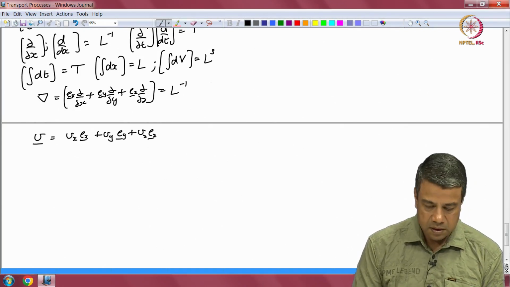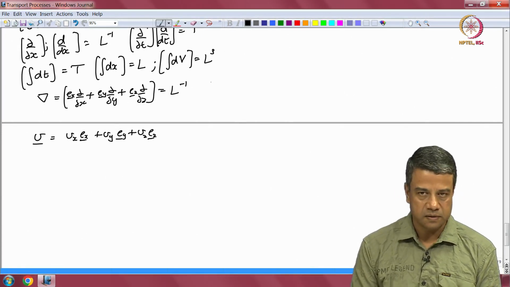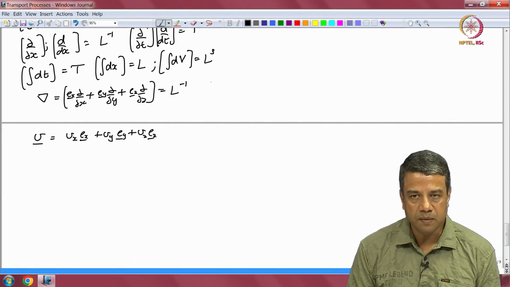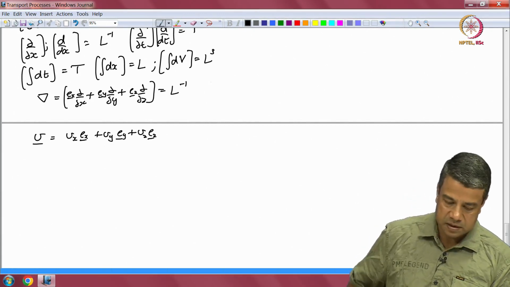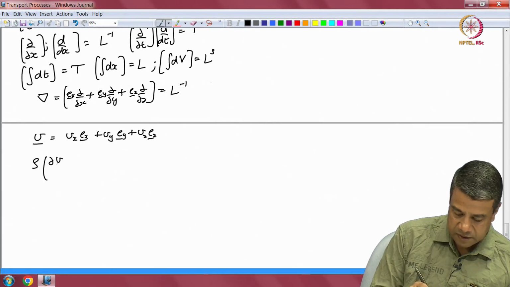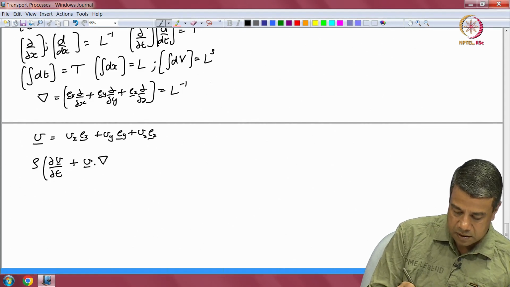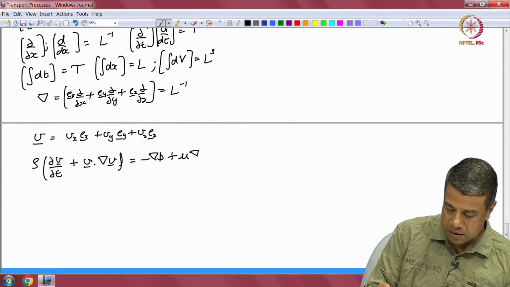Let me take for example an equation that we will see much later in this course for momentum transfer. It is called the Navier Stokes equations. I will not tell you the meaning of the terms here. I will just explain to you how you can get the dimensions. This is often written as rho times the bracket of partial v vector by partial t plus v dot grad v, equal to minus grad p plus mu del square v.